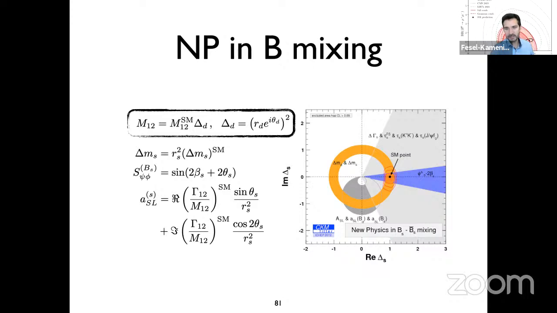And here, because the phase relevant for B sub S mixing is not yet measured to such high precision, the allowed range of possible new physics contributions is somewhat larger.